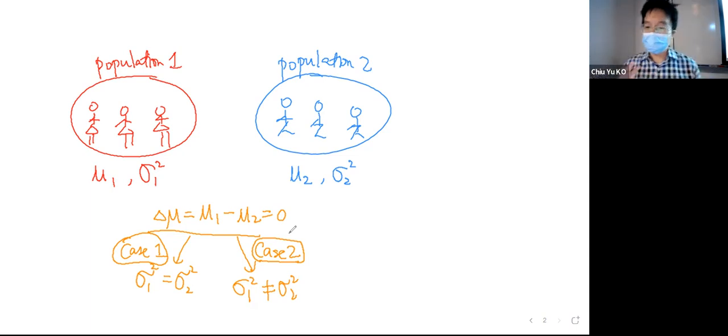The third goal we are doing is where these two populations are paired.